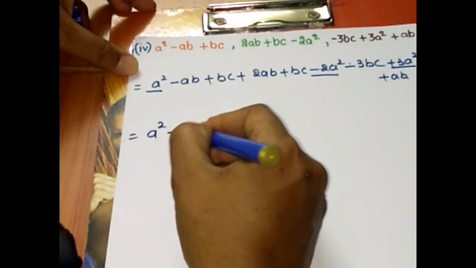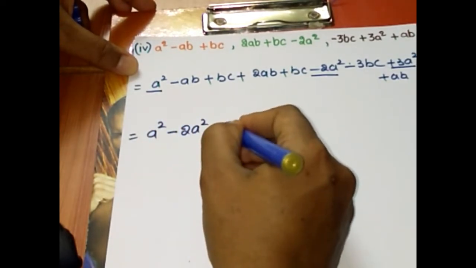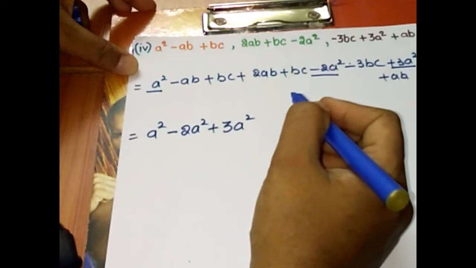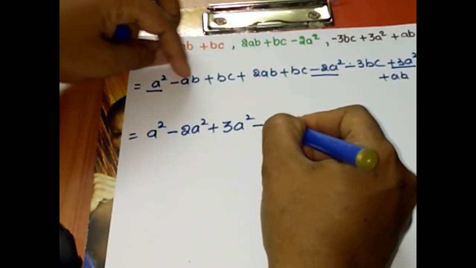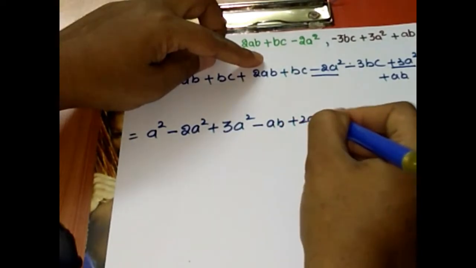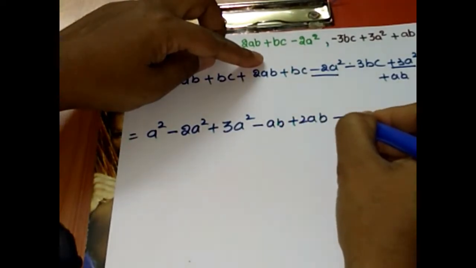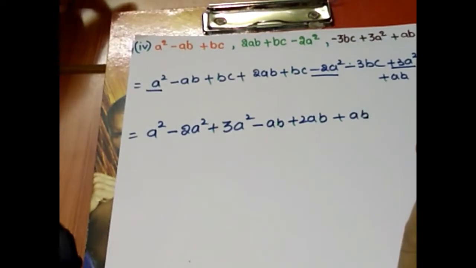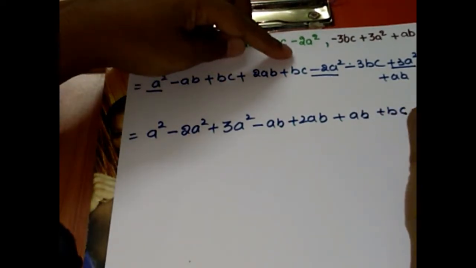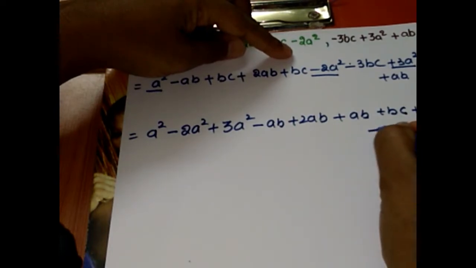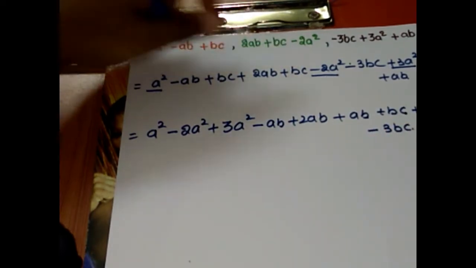Next with AB: minus AB plus 2AB plus AB. Next with BC terms: plus BC plus BC minus 3BC.